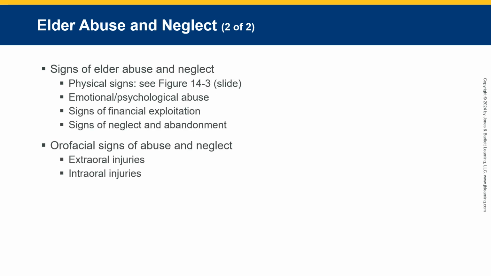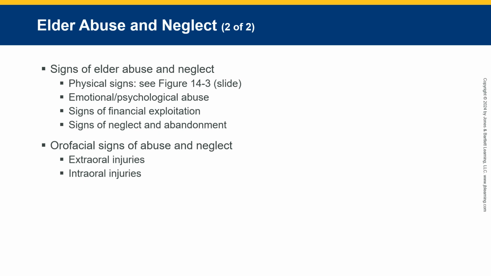Signs of elder abuse and neglect are going to include physical signs like bruises, marks, broken glasses. Signs of emotional psychological abuse include unresponsive and extremely withdrawn, unusual repetitive behaviors like rocking, depression or anxiety.